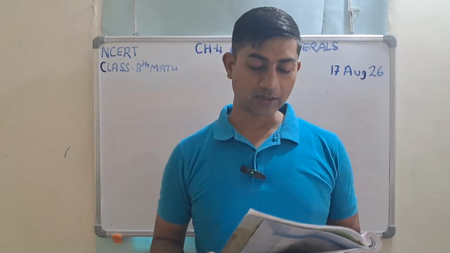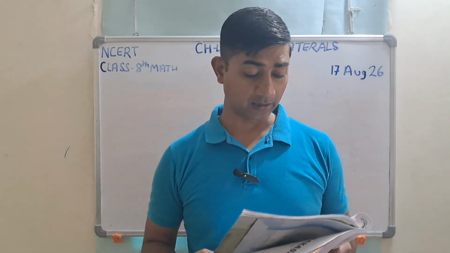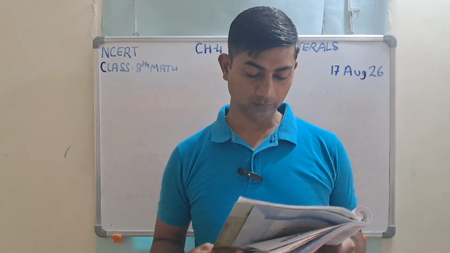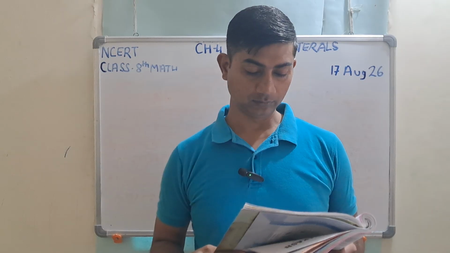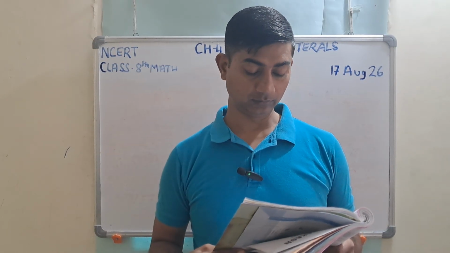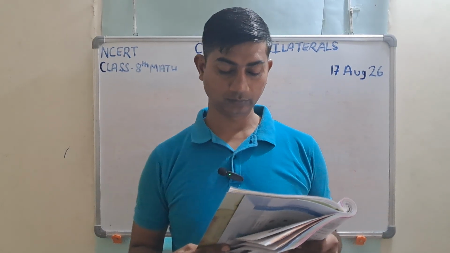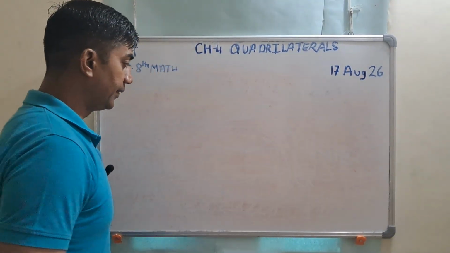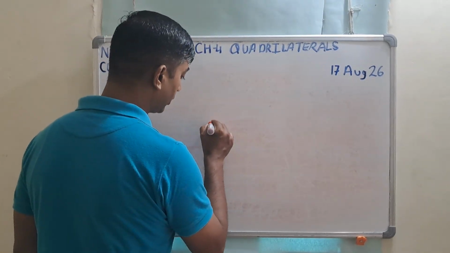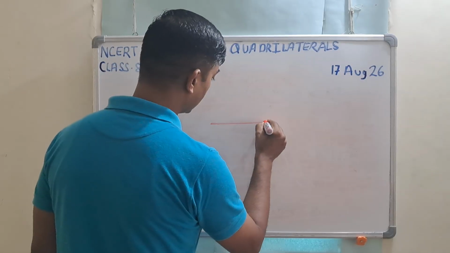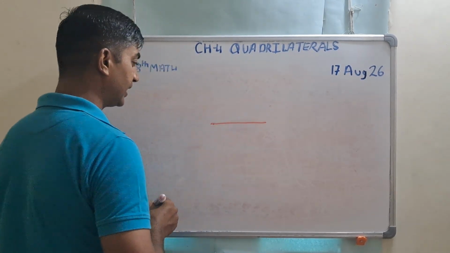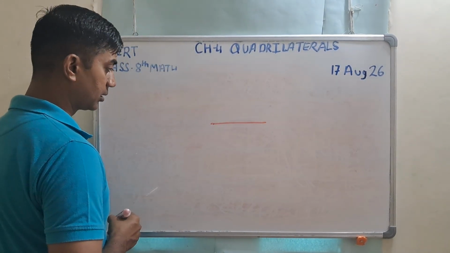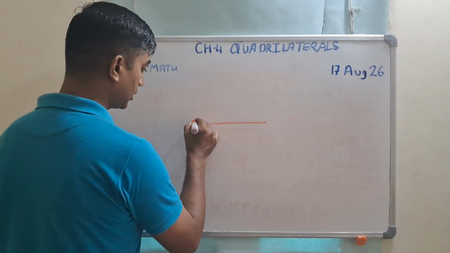Understood? So what we will do? First we will draw a 6 centimeter line segment.